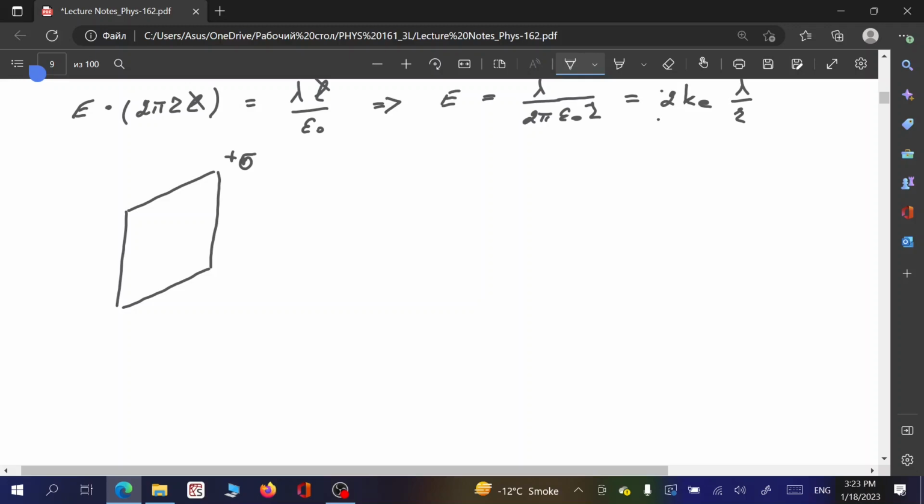So now the question will be, what will be the electric field next to this surface? And how do we approach it? We can again draw here a cylinder. It will be our closed surface, the Gauss surface cylinder. It goes through the plane and ends somewhere here.